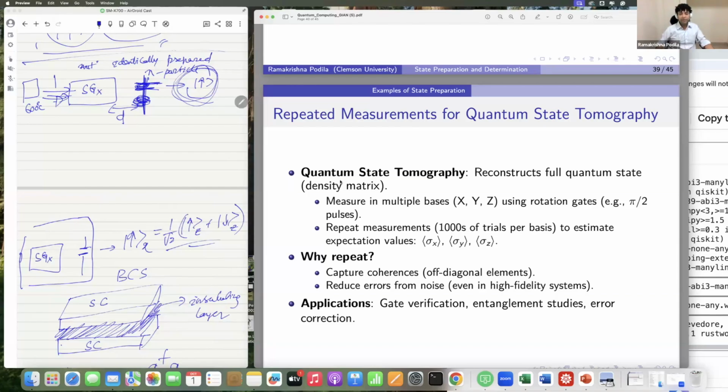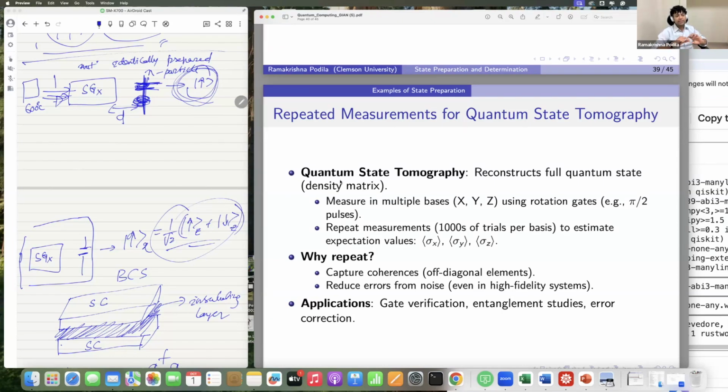Even if I forget spin and think about other observables, I do not have that information. So we only have limited information. So if you want to reconstruct the full quantum state, then we have to measure in multiple bases.